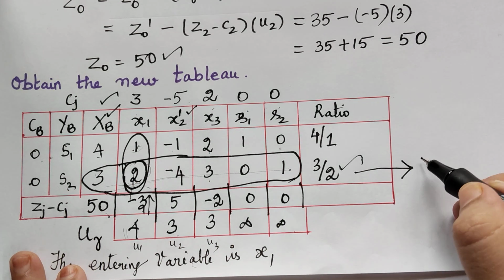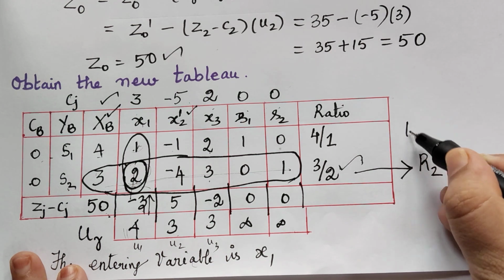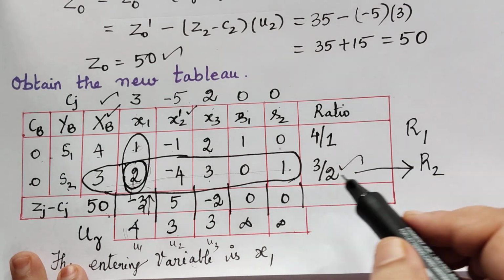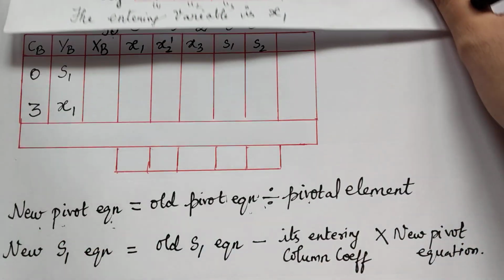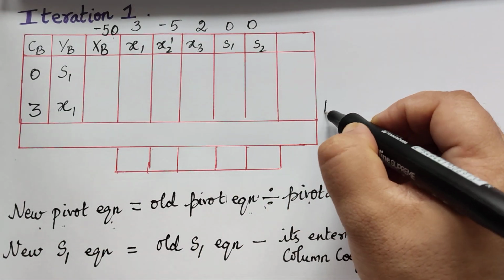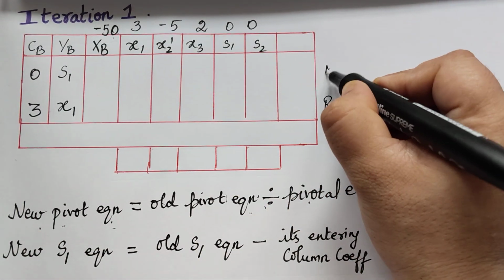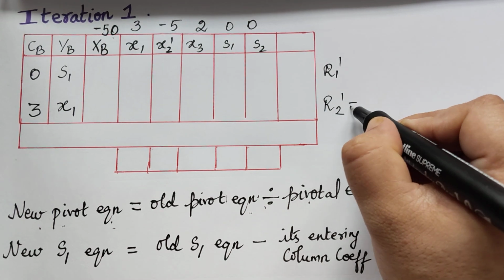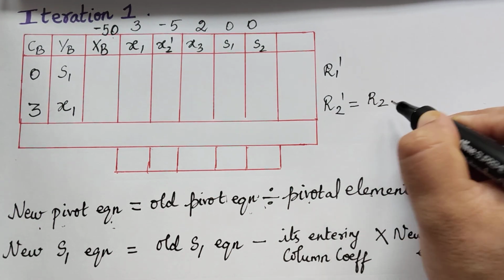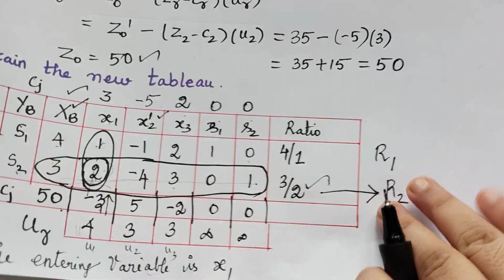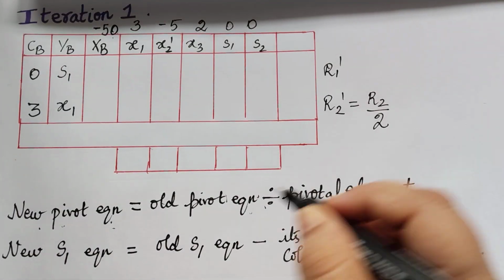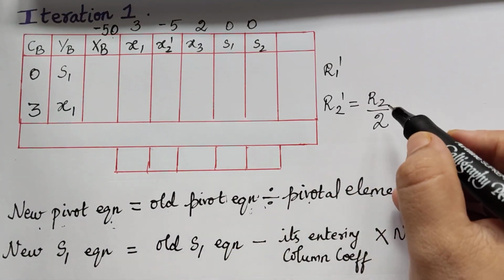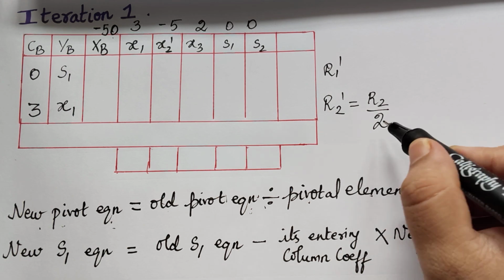So if we consider this as row 2 and this as row 1, so row 2 divided by 2 will give us the new row. So if we say the new row is row 2 dash and this is row 1 dash, so row 2 dash will be equal to row 2 divided by the pivotal element. The pivotal element is 2. So row 2 divided by 2. That is the old pivotal equation divided by the pivotal element.